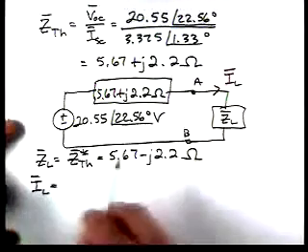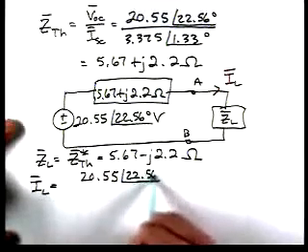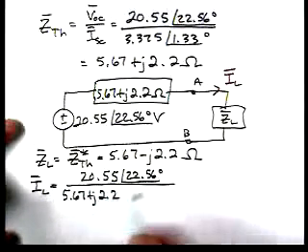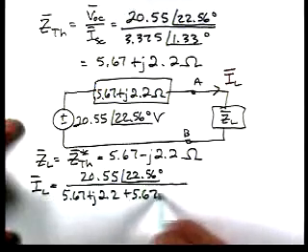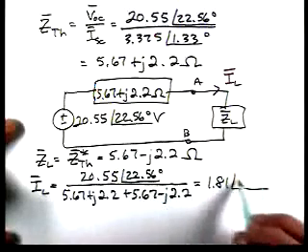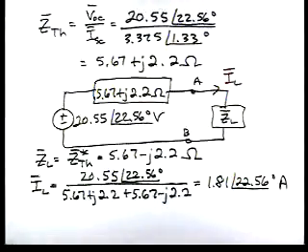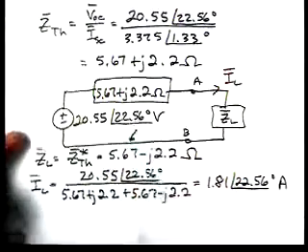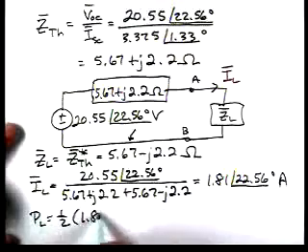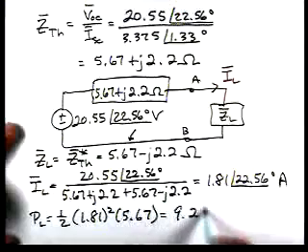IL is 20.55 at an angle of 22.56, divided by 5.67 plus j2.2 plus 5.67 minus j2.2, which is 1.81 at an angle of 22.56 degrees. The average power in the load is associated with the resistive part of the load. So PL is 1/2 times 1.81 squared times 5.67, which is 9.29 watts.